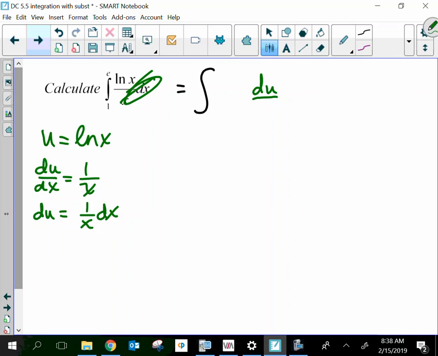So what's u? Because if this is gone, ln of x is sitting there, but ln x is now what? Okay, so what's inside there? U. ln of x is right here. You just told me ln of x was u, so you replaced it. You replaced this with this. Done. Simple.